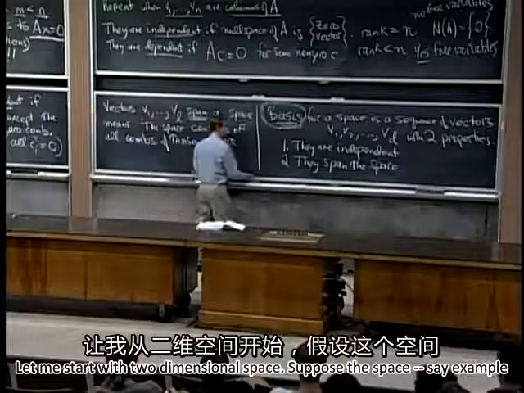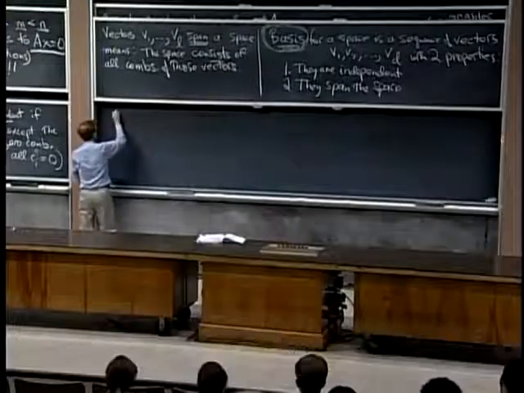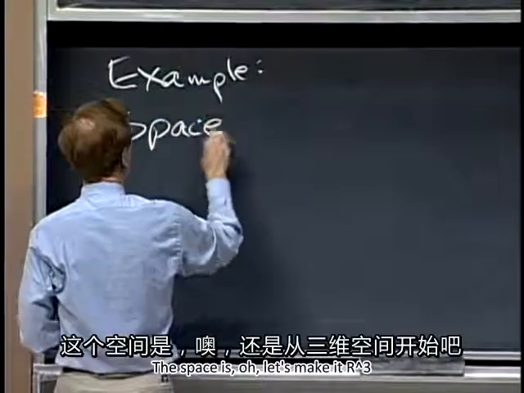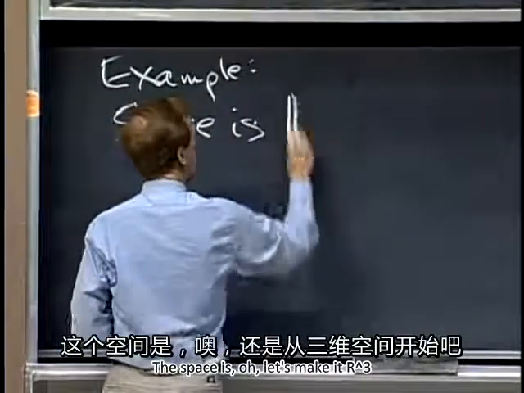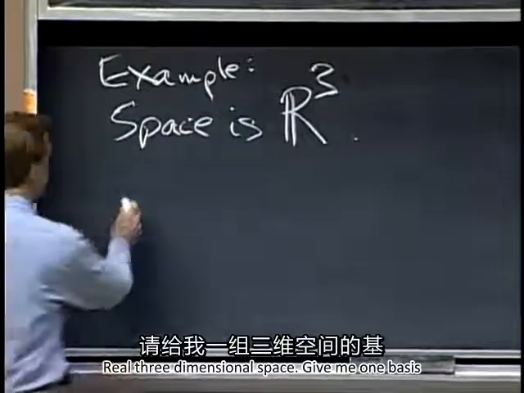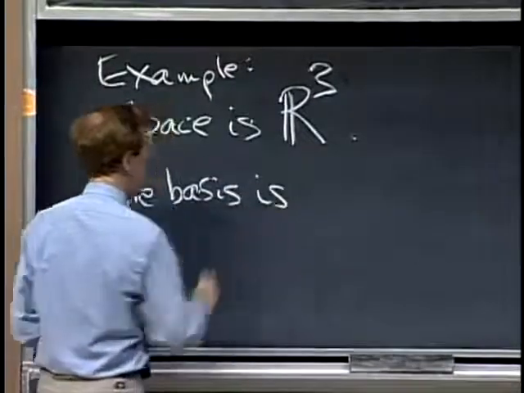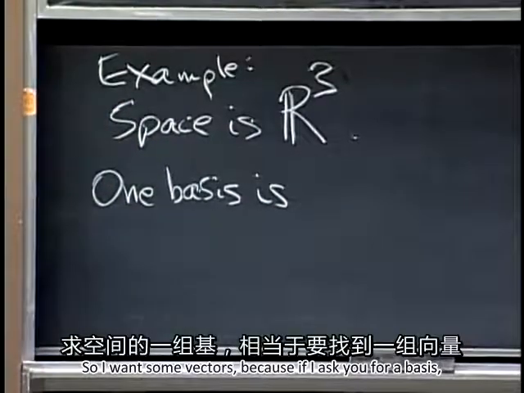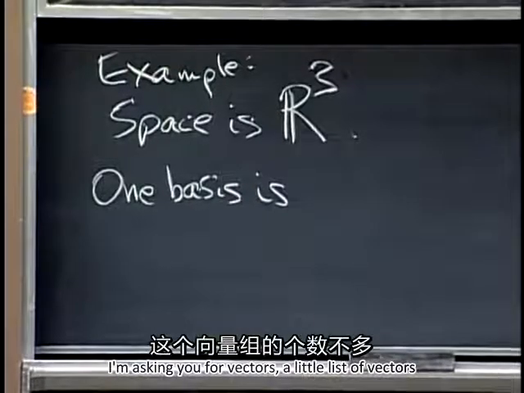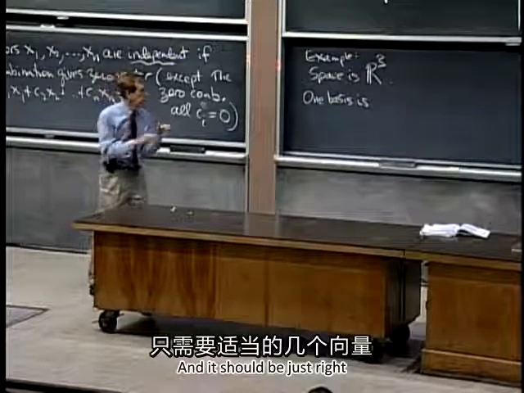Let me start with an example. The space is, let's make it R3, real three-dimensional space. Give me one basis. If I ask you for a basis, I'm asking you for a little list of vectors, and it should be just right.